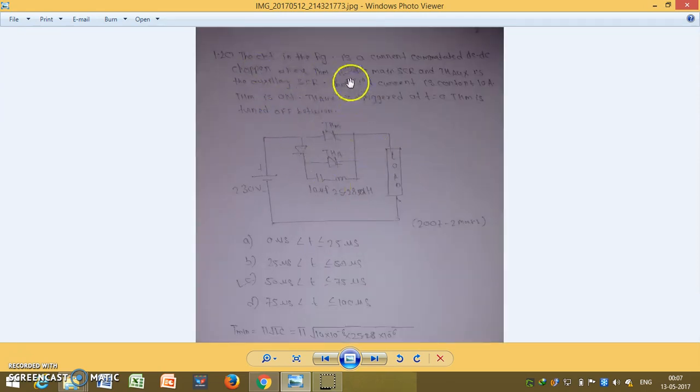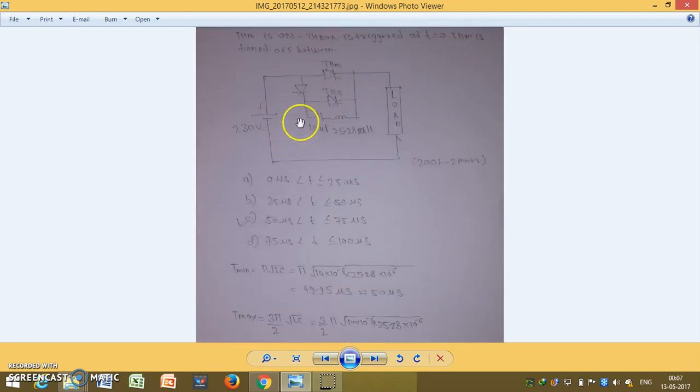Now next, this is also one question which came in GATE. In this figure they are asking for the minimum and maximum turn-off time. The auxiliary thyristor is triggered and the main thyristor is turned off between the maximum and minimum time. In this circuit, this is nothing but class B commutation. The beauty of this circuit is that the question is confusing.